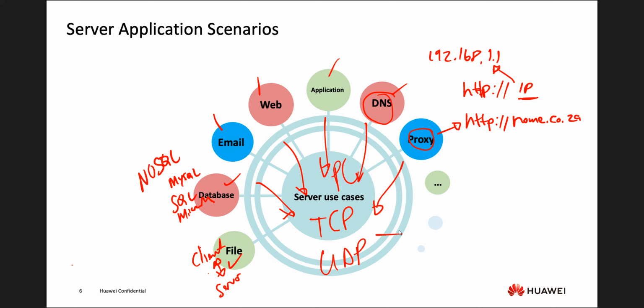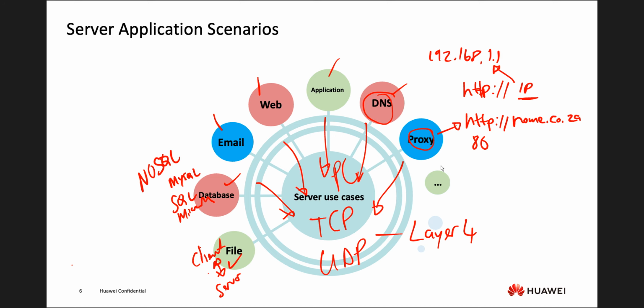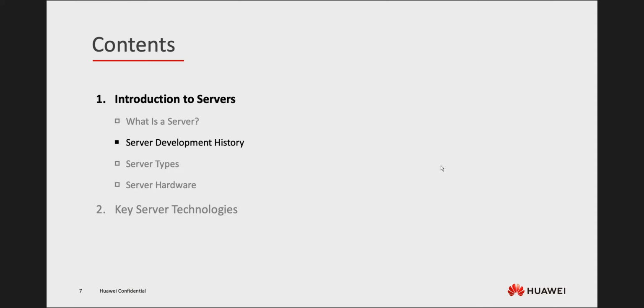That basically is on layer 4, right? So layer 4 is where this would work, and that's why when you go to a website, you will see HTTP, but it's actually port 80. You don't see it, but the server sees it, the client sees it in the back end, and it's part of layer 4. And that's basically how information allows you to connect to the internet. All right, so that is just giving you typical scenarios of server applications.